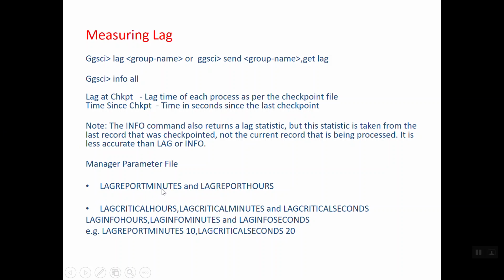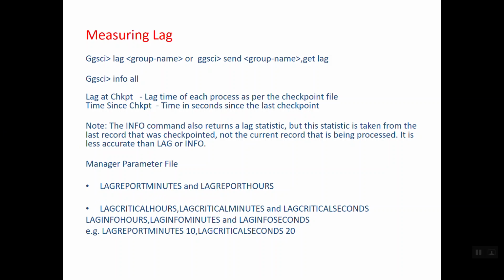If I say lag report minutes 10, it will send the actual lag of each process into the ggs error.log file every 10 minutes, so that if I'm monitoring the ggs error.log file, I can see the lag over there.